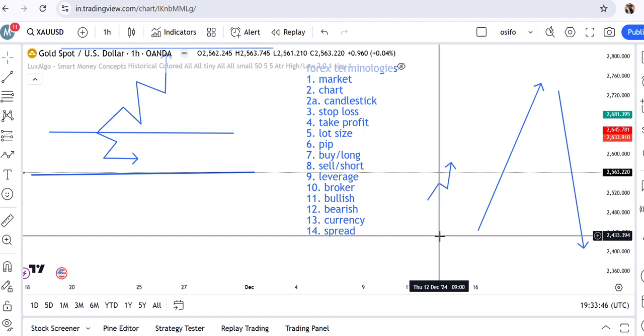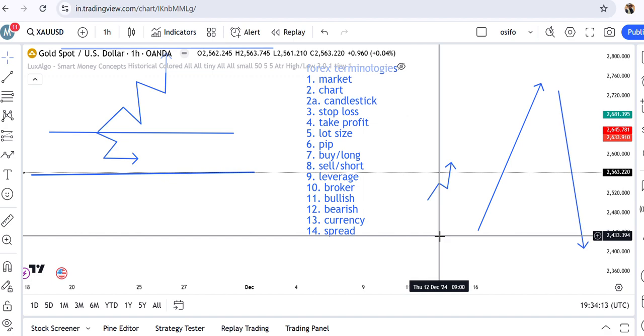Okay, now talking about leverage. So leverage is something that the broker gives to you, like a loan that the broker gives to you. If you deposit about $100, depending on the amount of leverage you selected from the broker, that leverage will multiply with your money to show the actual money you're trading with in the market. So the broker gives you leverage because our money is not enough to trade the financial market.